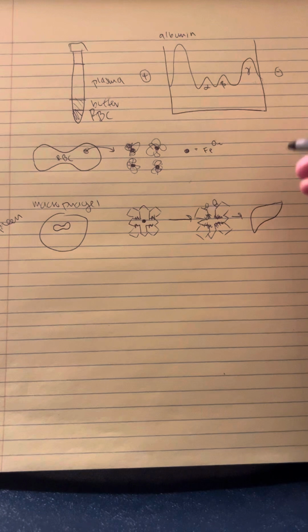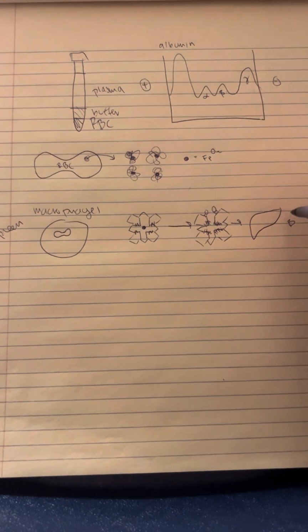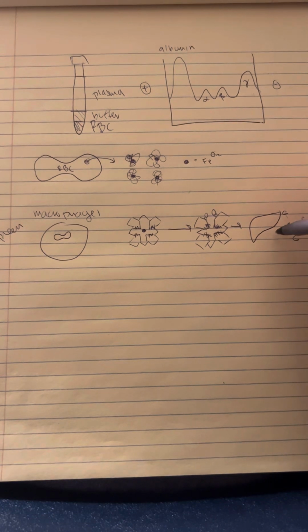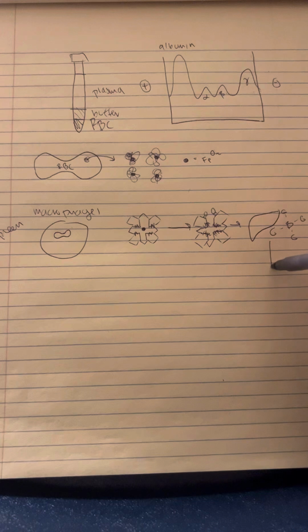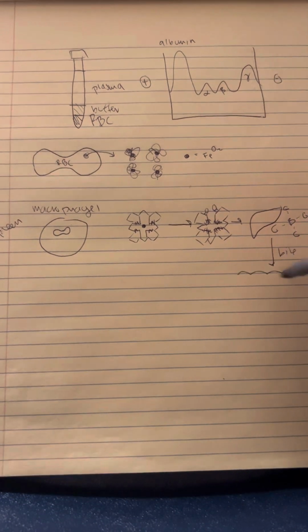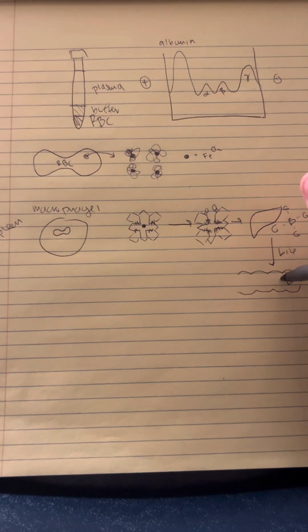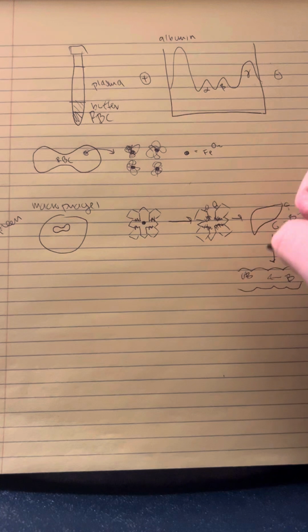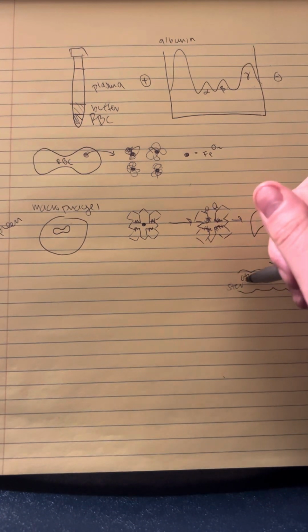This guy goes to your liver. The liver takes bilirubin and adds glucose or different sugars onto it, and that is what we call conjugated bilirubin. Through your bile duct, or bile, it enters into your intestinal tract. This conjugated bilirubin is going to turn into UB, which is urobilinogen, and then stercobilin.